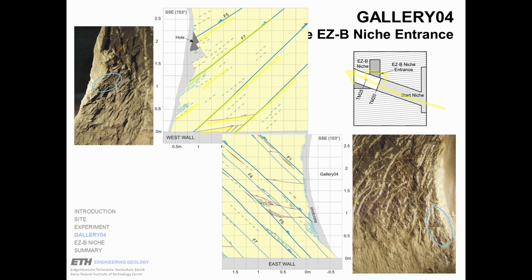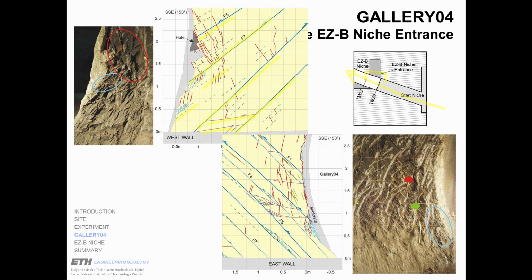So very shallow fractures, which are parallel to bedding, and then tangential, semi-tangential fractures, which are not very much expressed. They might have formed directly close to the face when Gallery 04 was excavated.